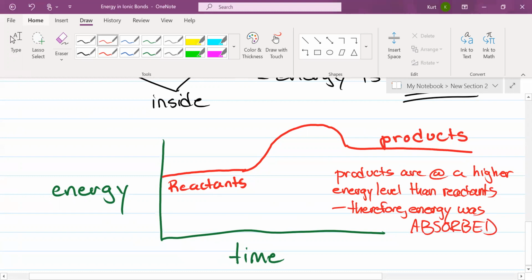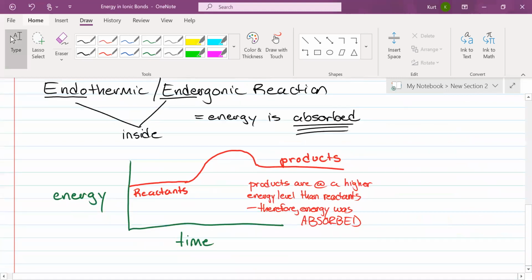This is an endergonic or an endothermic reaction. Energy was absorbed to make your products have more energy than what you started with. So, that is an endergonic reaction.